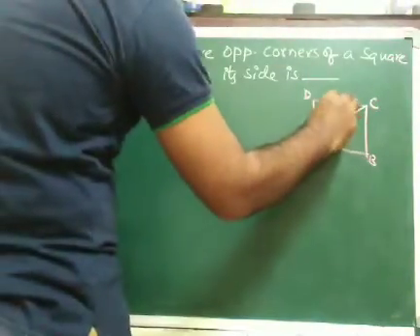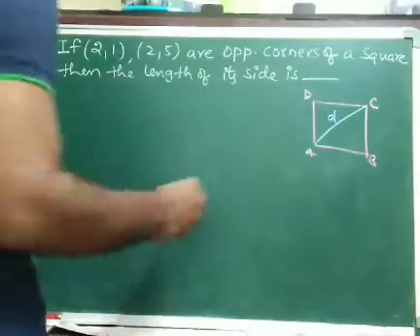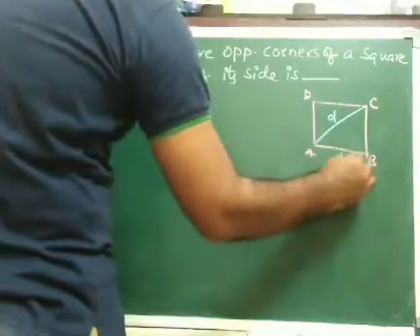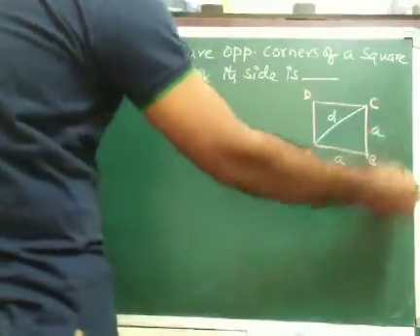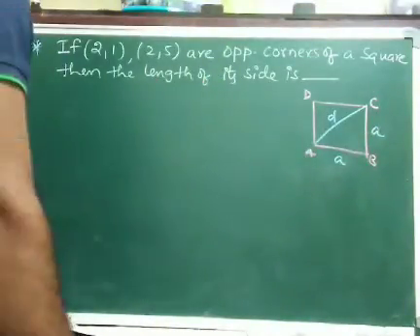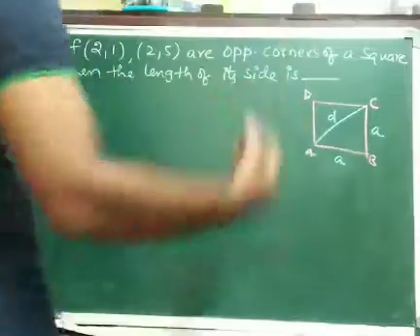Suppose the length of the diagonal is D and the length of the side is small a. Because of the square, this side is also equal to small a, isn't it? Of course, all sides are equal.